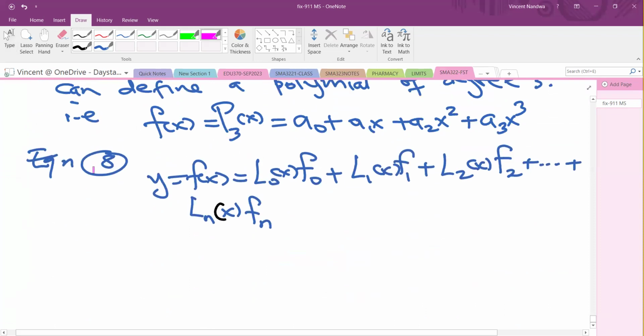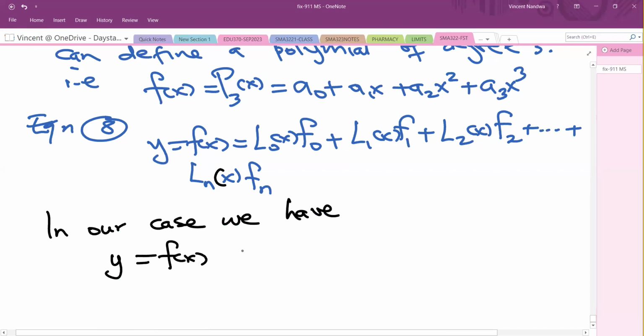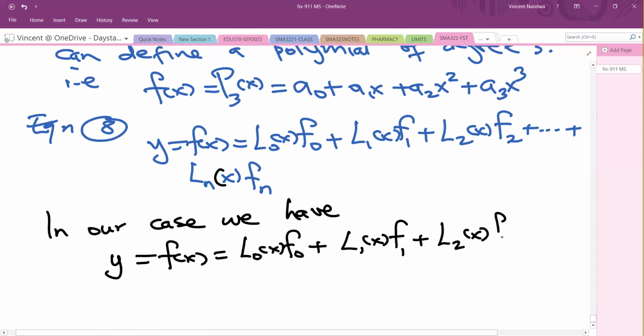So in our case, the formula will be y, which is the function f of x, equals L0 of x times f0 plus L1 of x times f1 plus L2 of x times f2 plus L3 of x times f3.